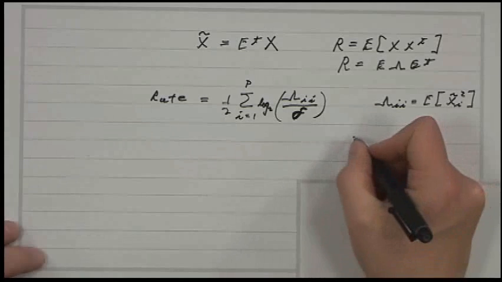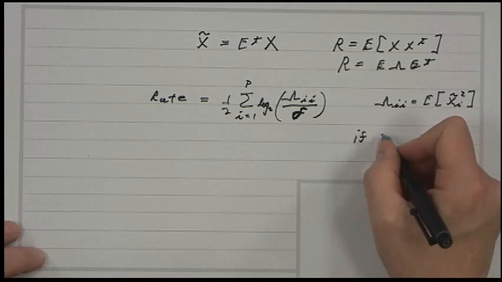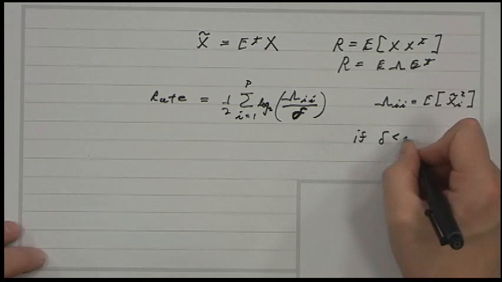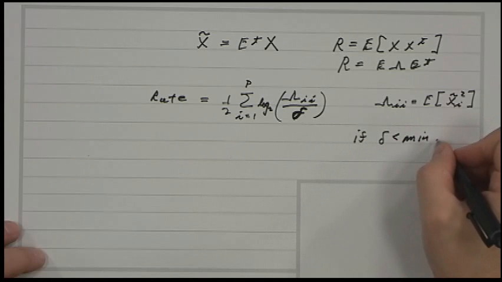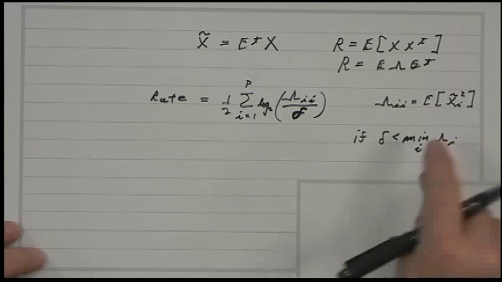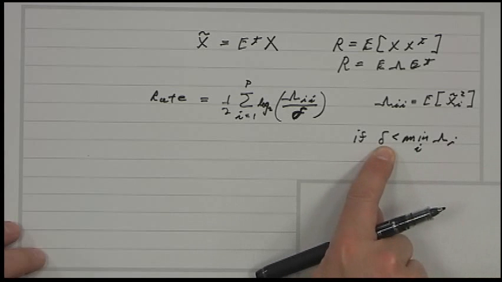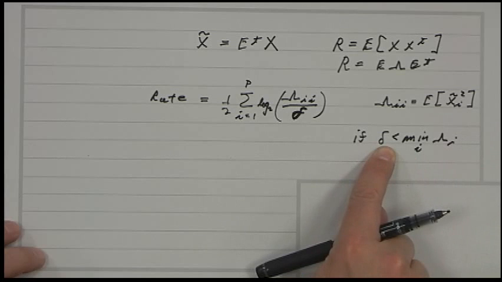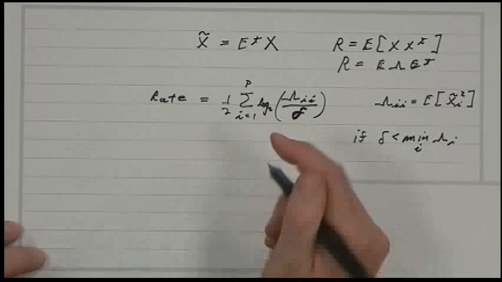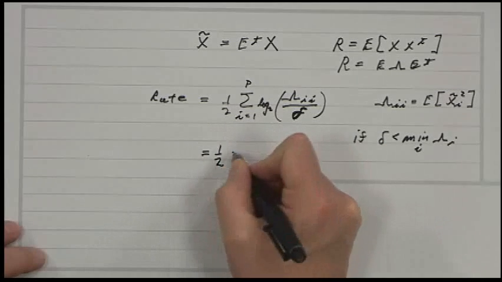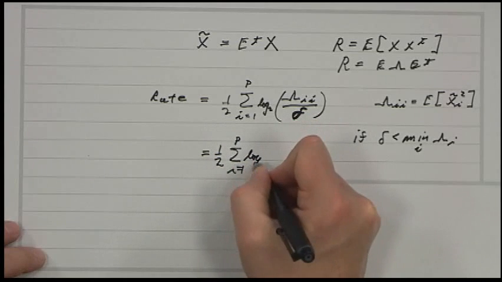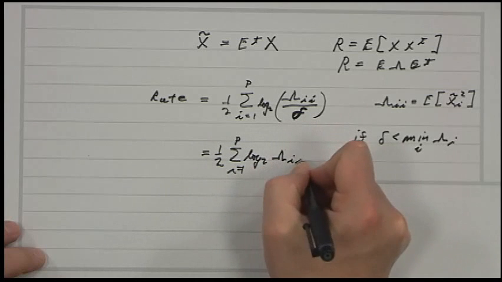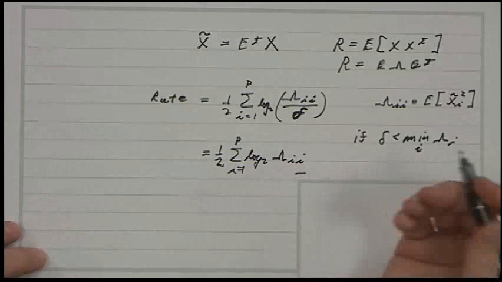Now if delta is less than the minimum over i of lambda i, if the distortion is low, so I have a small quantization step size, then the rate is going to be equal to 1/2 of the sum from i equals 1 to p of the log base 2 of lambda i, minus a constant.